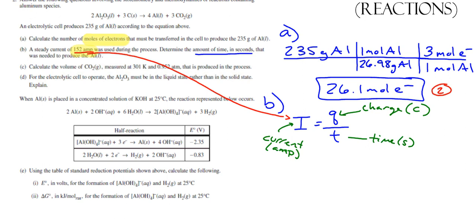Guys, I have been very upfront this entire year. I will get problems that I don't know what I'm doing, and I'll start it, I'll write down what I know, or I'll look at the units, and I let the units be my guide. So if I had, I don't know this one yet, right? This is my issue. I'm solving for T. So if I have 26.1 moles of electrons right now, can't I, according to this, and I want to write exactly what it says.